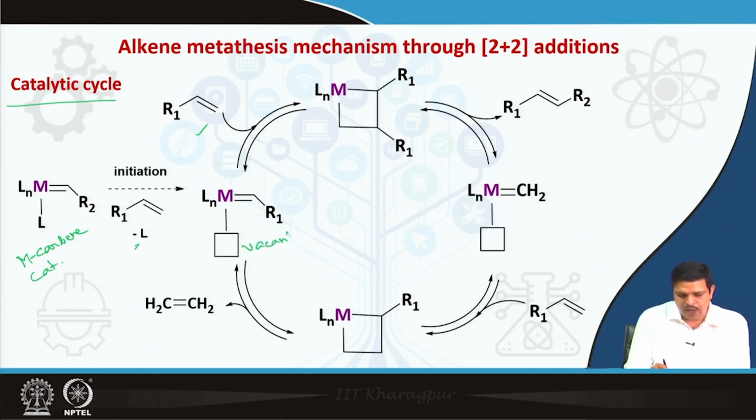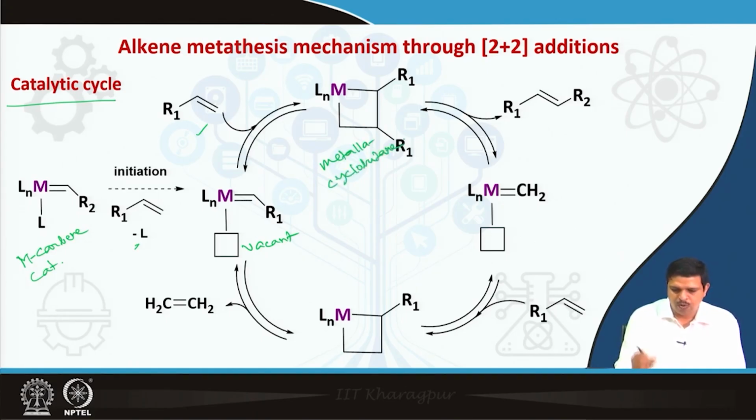And you get the vacant site, and then you will see that this alkene coordinates and forms a metallocyclobutane, and then you get this intermediate. Then again this metallocyclobutane breaks this way, so you will form a new metal-carbene, and this new alkene also will be formed.